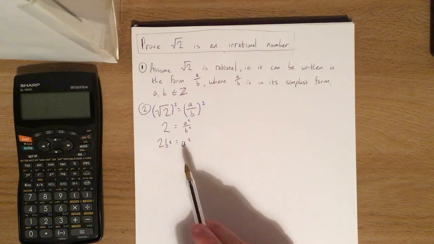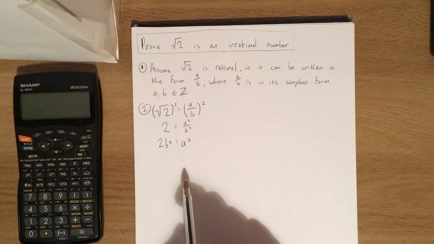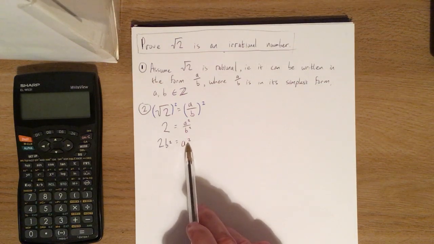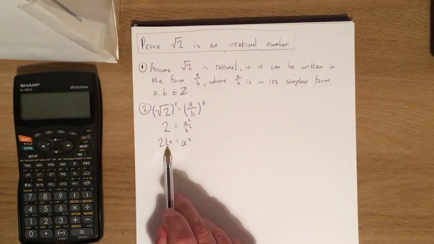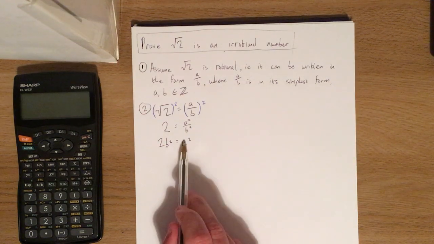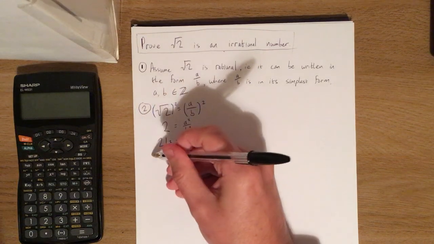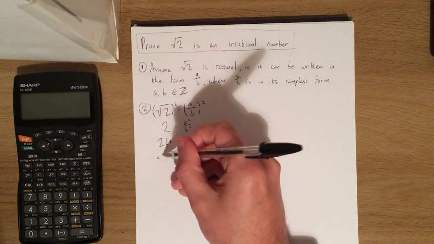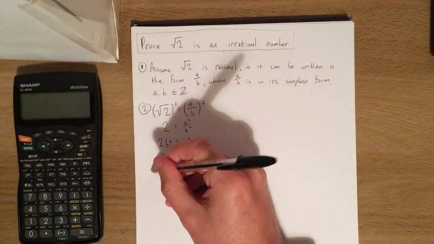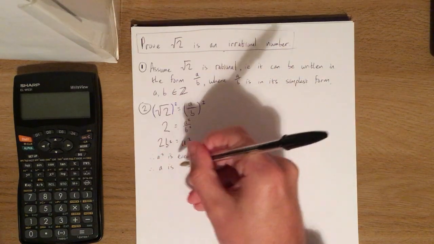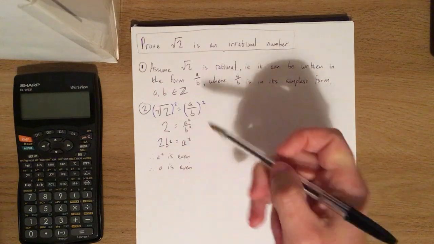Okay, so this means a squared is even. If you can factorize 2 out of this side, which it is, it must mean a squared is even. So therefore, a squared is even, and if a squared is even, a must be even.